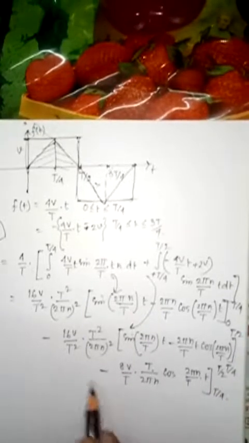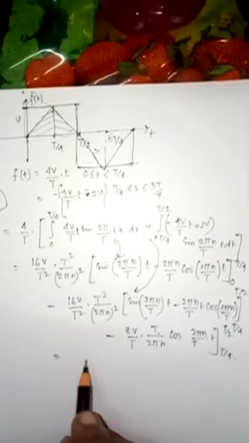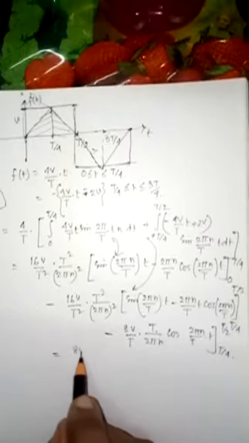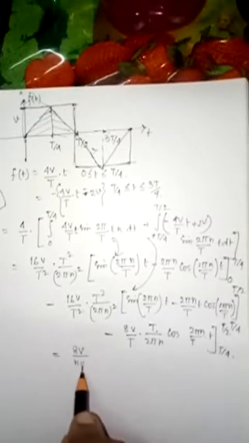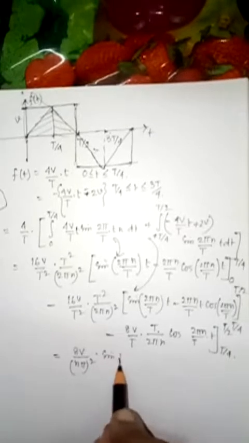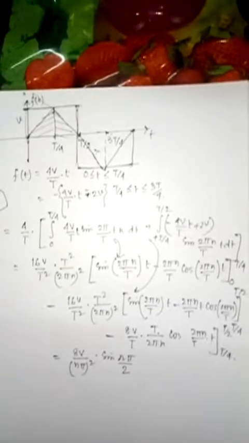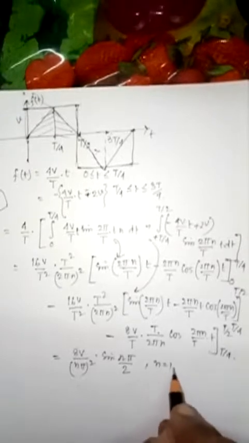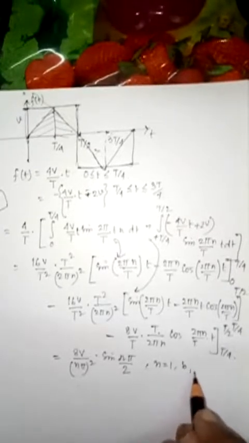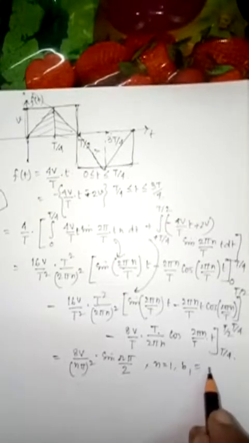So if you evaluate all this, finally the answer will come out as 8V by n square pi square into sine of n pi by 2. So you can easily find what b1 is for n equals 1: b1 equals 8V by pi square.